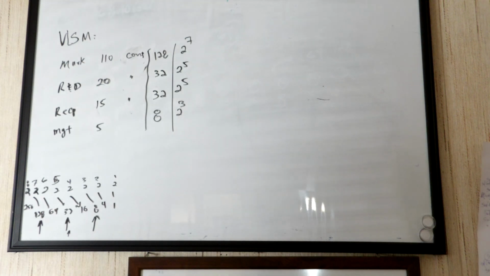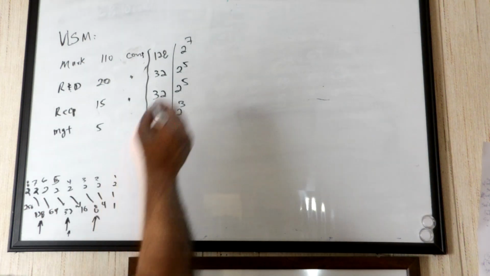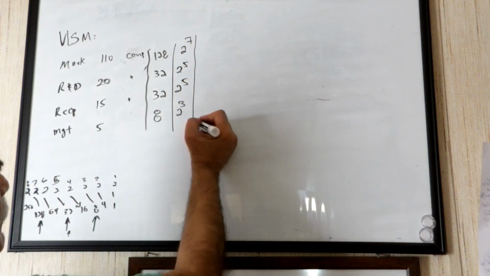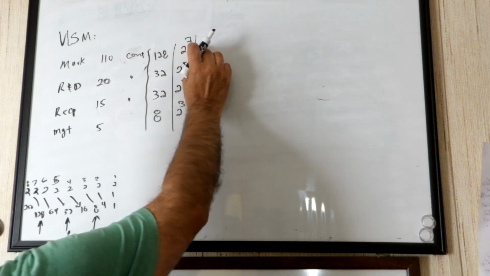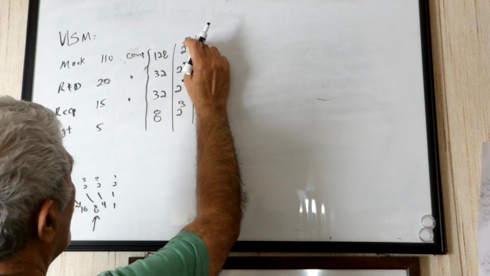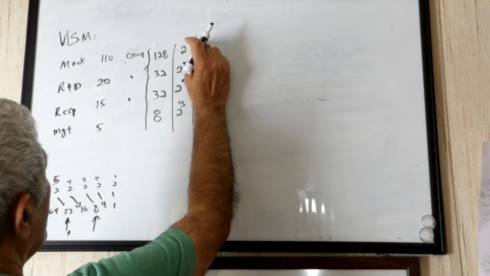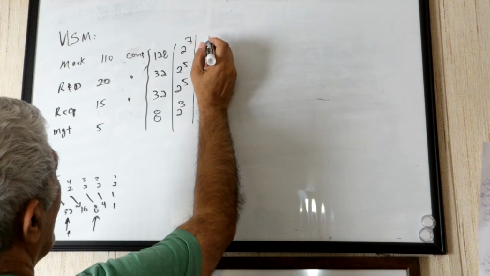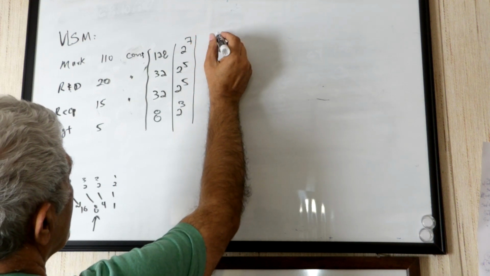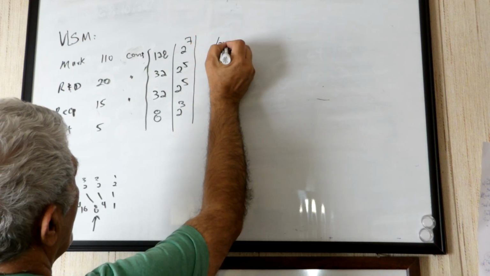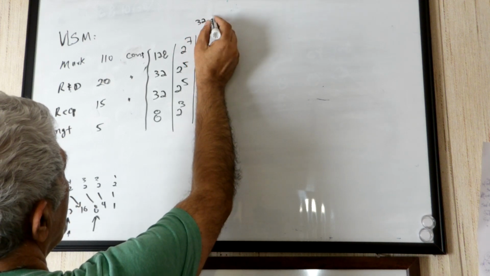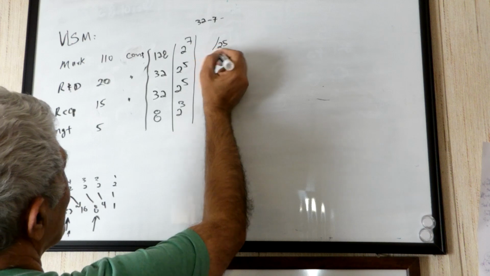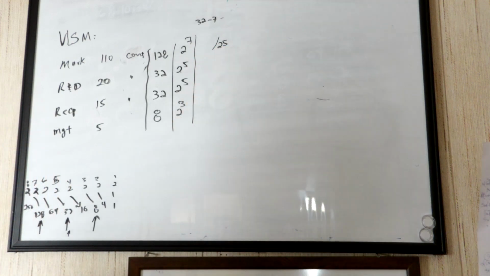Now we are going to write in CIDR notation, okay? What is going to be the CIDR notation for this? If you subtract 2 to the power of 7, it's going to be 128. So what is going to be the slash 25?